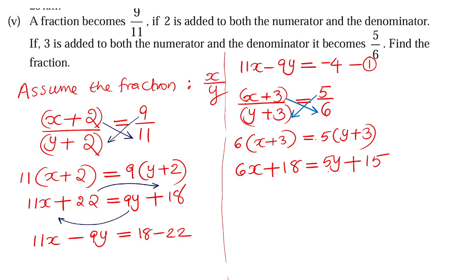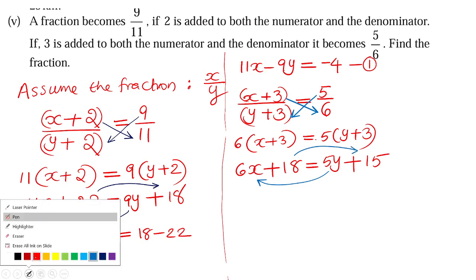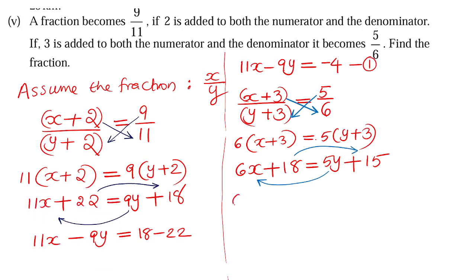Again, I want all the variables on the left hand side. So I got one more equation: 6x, this 5y becomes minus 5y here, and this 18 goes to the other side. 15 minus 18, correct? 15 minus 18 will be minus 3.